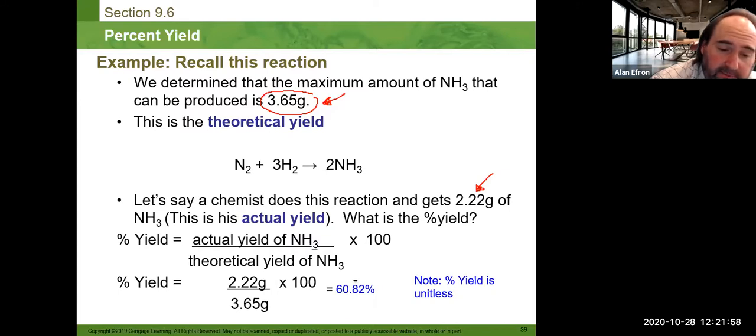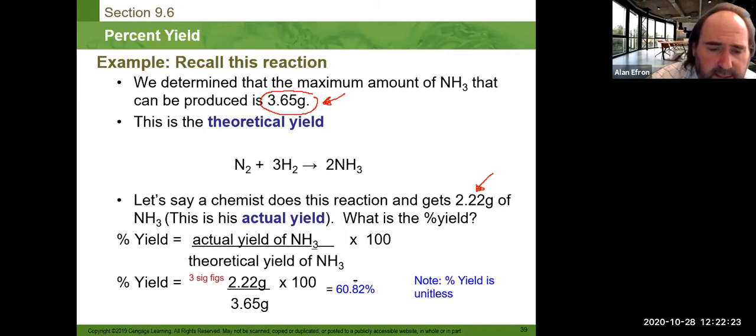You could technically do percent yield with moles and moles if you wanted to. As long as they're the same units, you pretty much could put it into this percent yield equation. It doesn't always have to be grams to grams, but very commonly we do grams to grams, because when we do an experiment, those are the common numbers that we have. Any questions on that there?